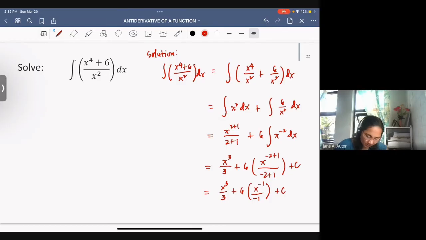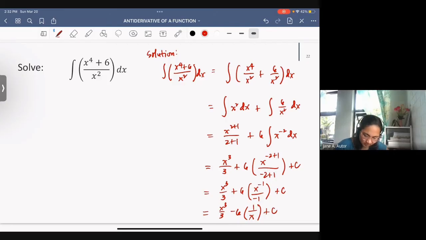So simplifying this, we'll have x cubed over 3. And then this is now 6 times, this is negative 6 times x raised to negative 1. Let's apply the law on negative exponent. This is 1 over x. And then plus c. Alright?